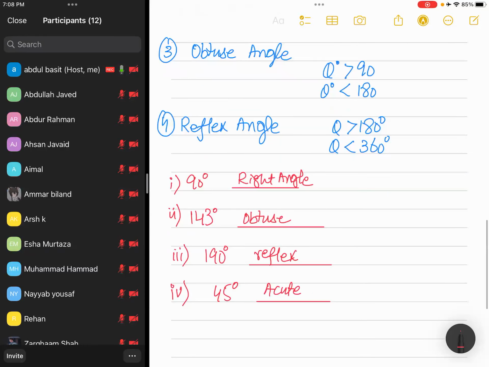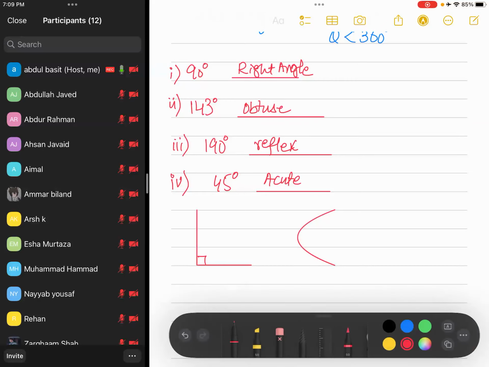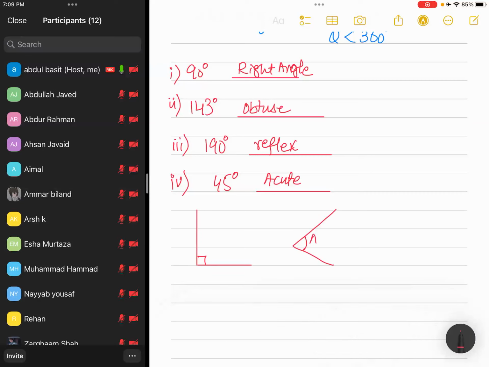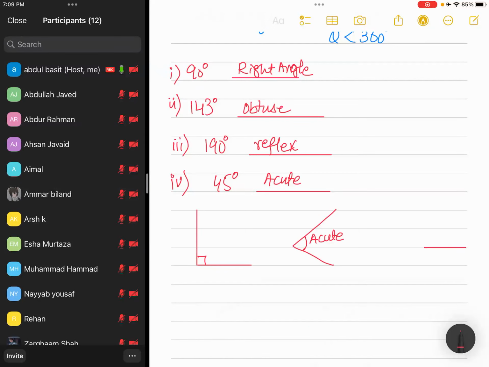Now let us understand the rule of fingers. The rule of finger says, when two fingers are perpendicular to each other, they make 90 degrees. When two fingers are contracted this way, this angle is an acute angle. But when two fingers are open more than 90 degrees, they make an obtuse angle.